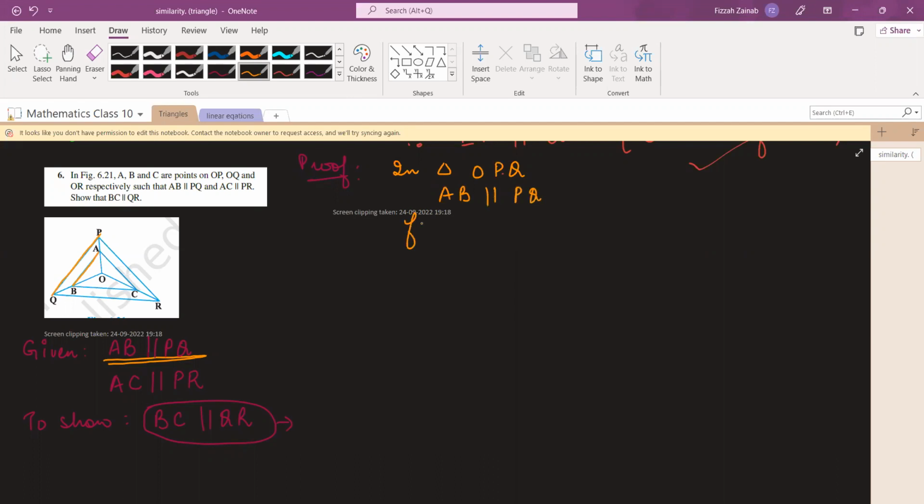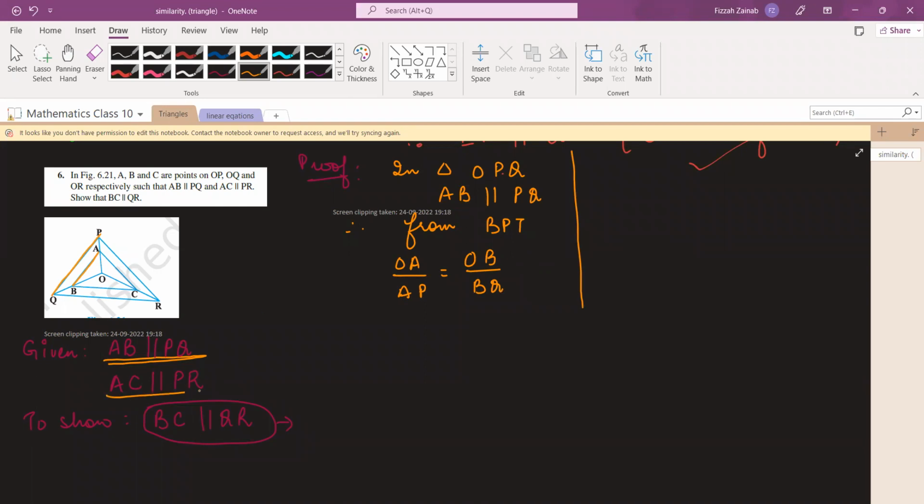So from BPT, we can say that OA upon AP is equal to OB upon BQ. Is this understood, everyone?